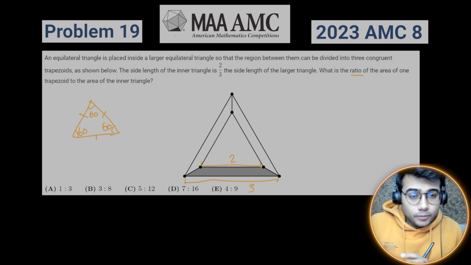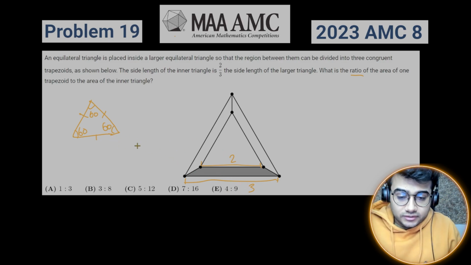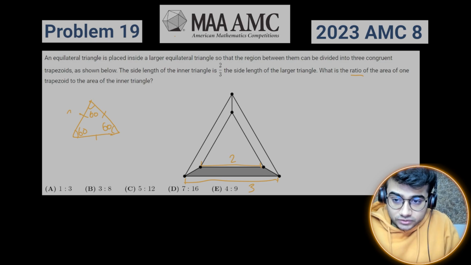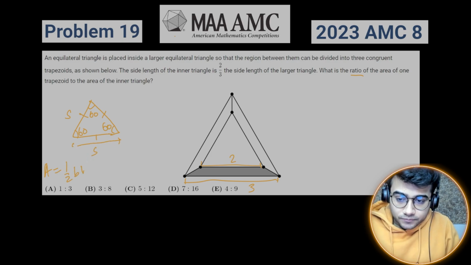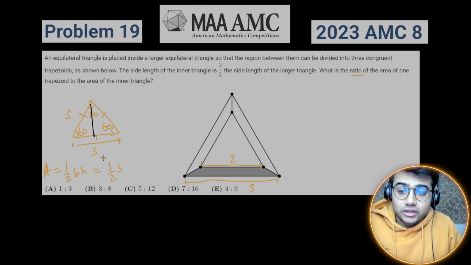Now, if you know a bit about equilateral triangles, you'll be able to do this problem very, very fast. Let's see. So if the side length was S, then how do we find the area? Well, area is half base times height, right? So the base here we can take to be the side S, but what is this height of that equilateral triangle?